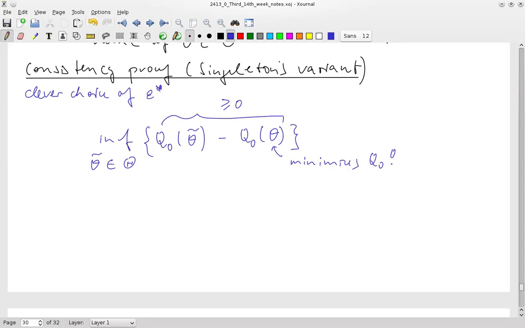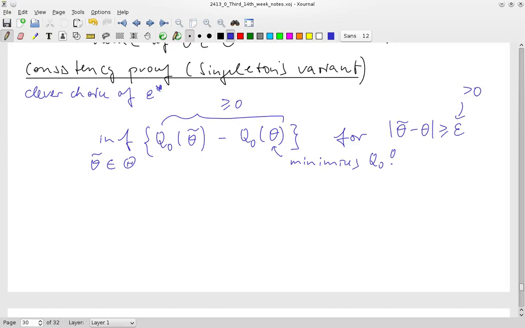I'm saying, okay, you pick the infimum, but there's a constraint that you have to obey in the sense that your pick of theta tilde has to be a bit away from theta. So the absolute difference of your pick, theta tilde, from theta should be at least epsilon, where epsilon is some small, arbitrarily small number, as usual.